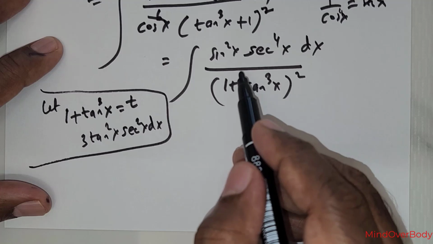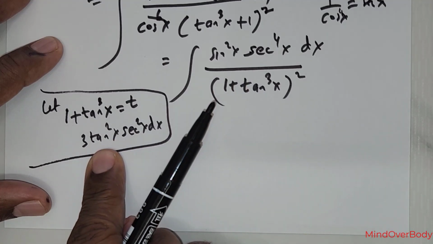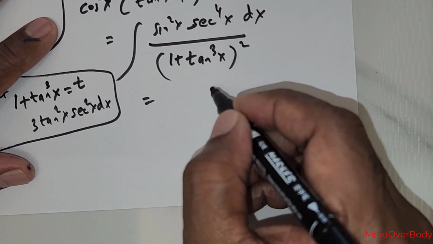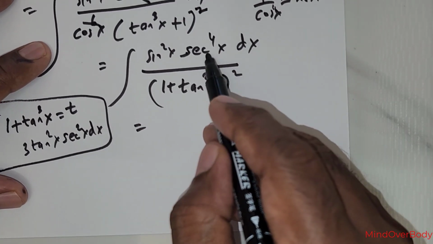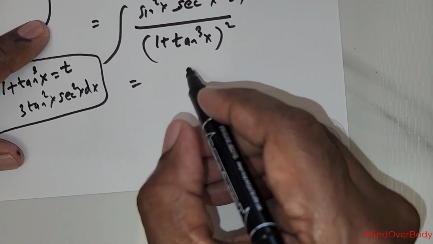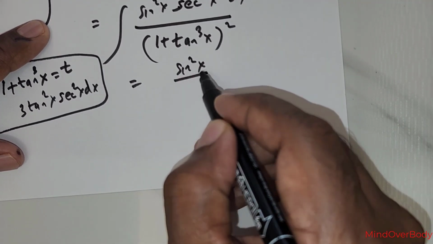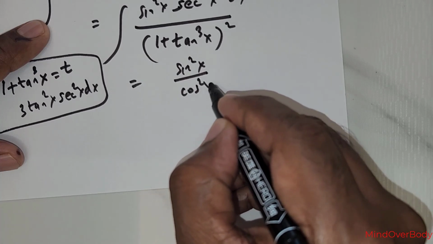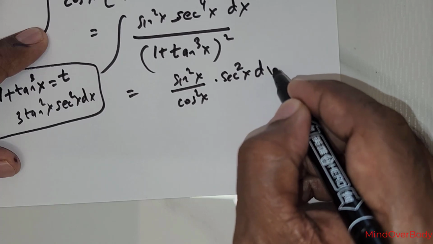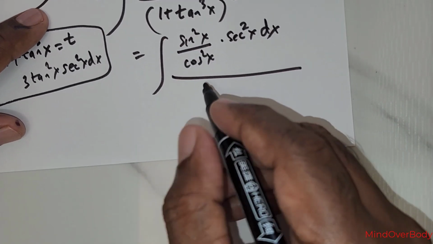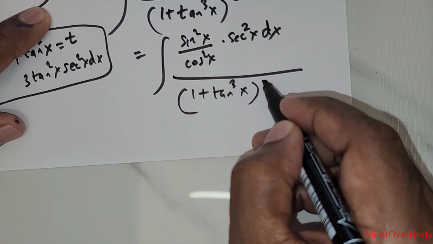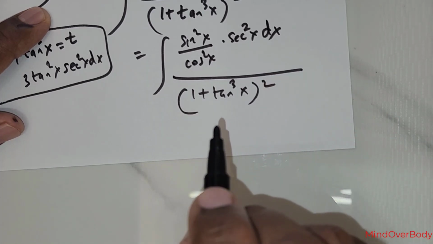So I would have to get this over here. For that, I already have cos raised to the power of 4x. So I will say a sine squared x over a cos squared x there, and 1 over cos squared x, I'm going to write as secant squared x times dx divided by (1 plus tan cubed x) raised to the power of 2.